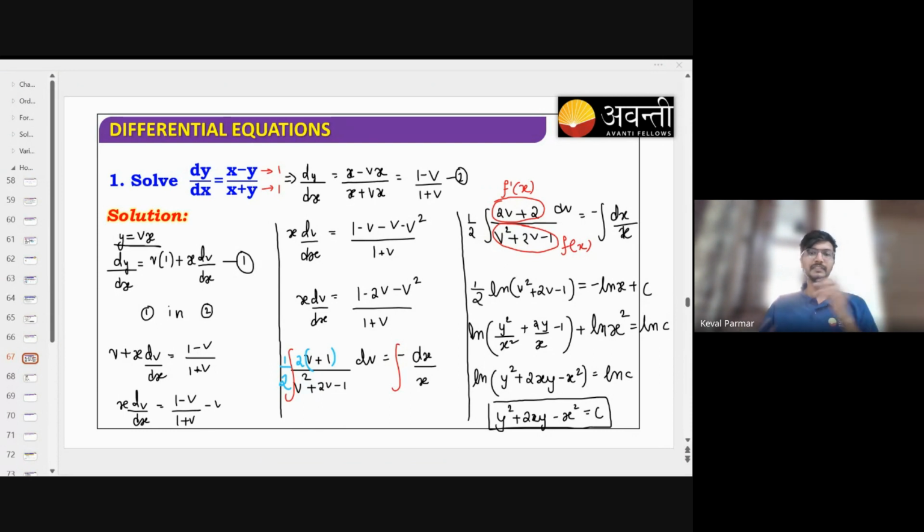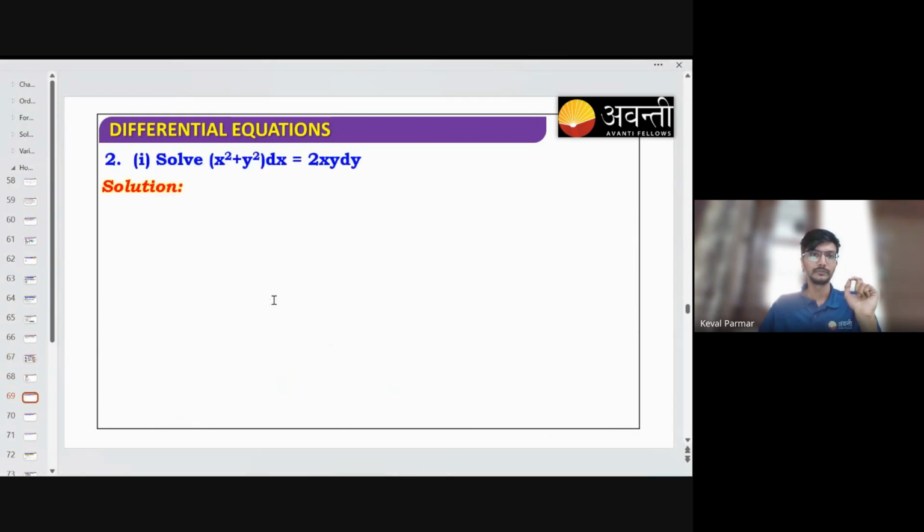Give me a thumbs up if it's clear, or do you have any doubt? No doubt, then we can move forward. Okay, super. Chalo. So let's see the next question. Solve. Okay, super. Yes, sir. Good. Chalo.